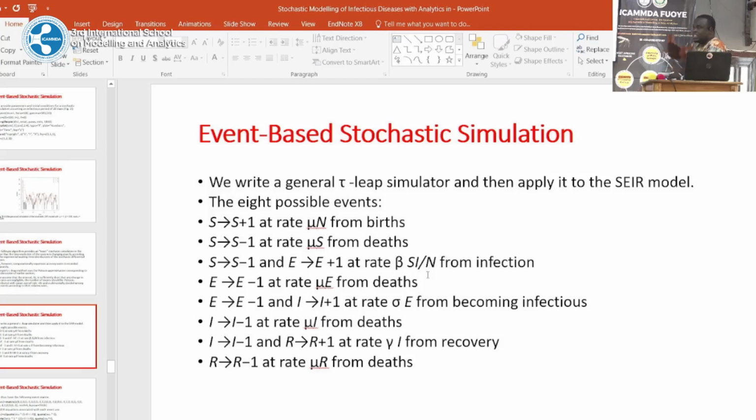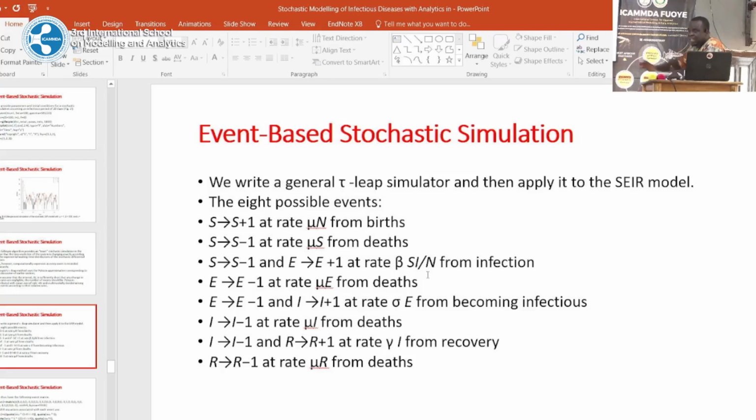So it goes out of X and goes into E this time, not I. And then we also have mu E, that's the death of the exposed or the pre-infectious. And then people go out of the pre-infectious and move to the I class through what we call the progression rate. People progress after some time from just being infected to becoming symptomatically infectious. At that point in time, the pathogen has incubated.